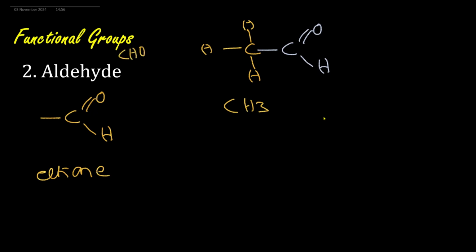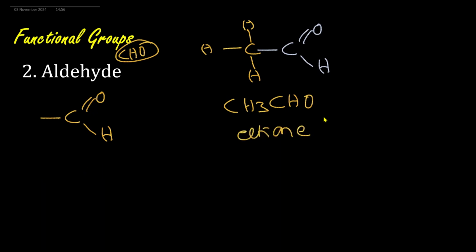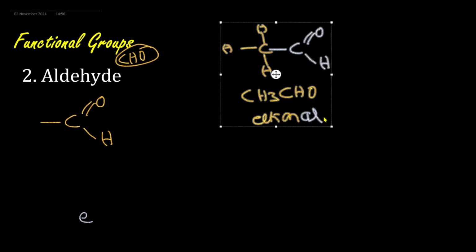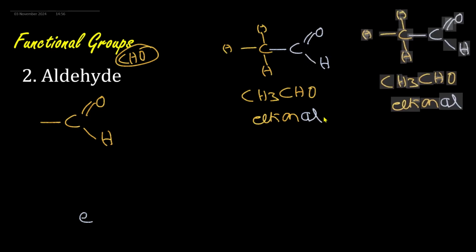And we cannot change the order; it has to be CHO. Now, when it comes to the name, it was earlier ethane. Like the previous case, we'll be displacing E and we'll add a suffix called Al. So the name of the compound will be ethanal, right? The name ethane now becomes ethanal.